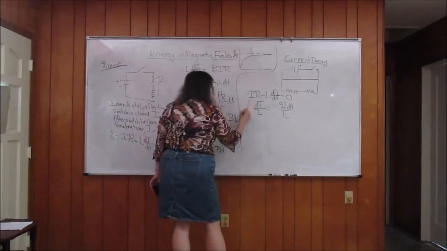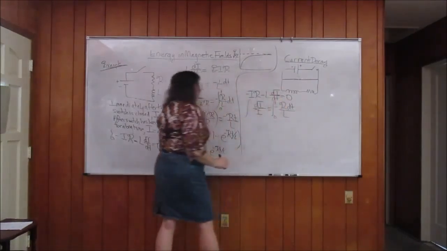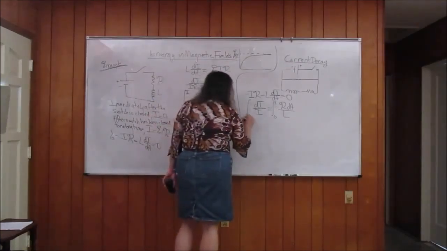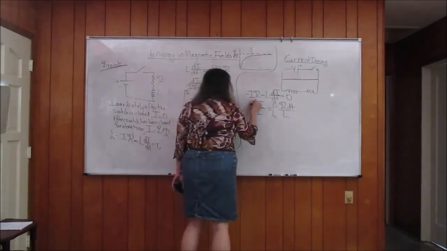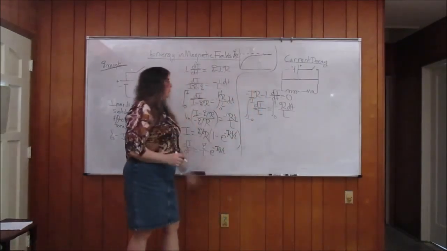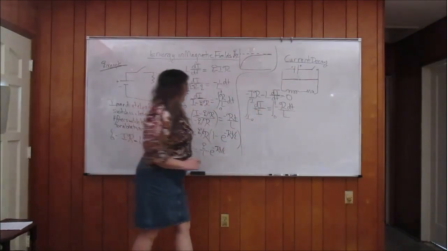And if I solve this, I'm starting from time t equals 0 to some future point. And then I'm also going to say, well, we start out with some current I naught and go up to some final value at some time t.